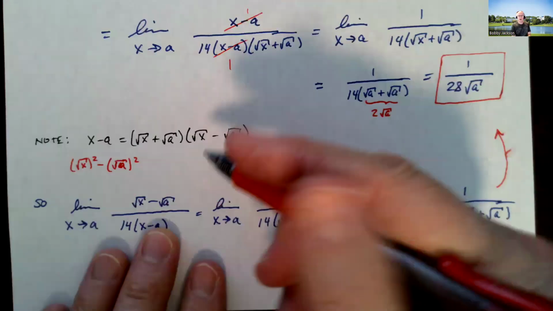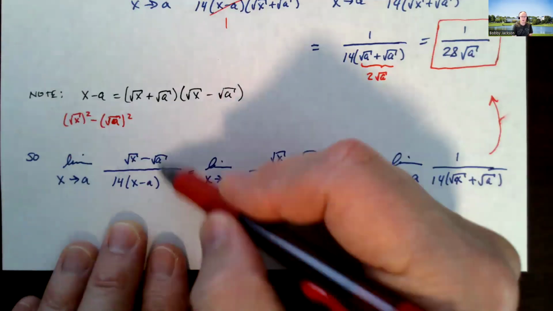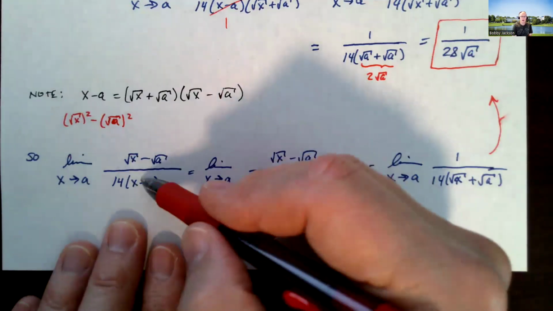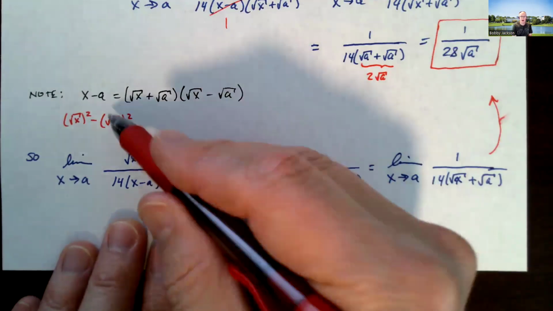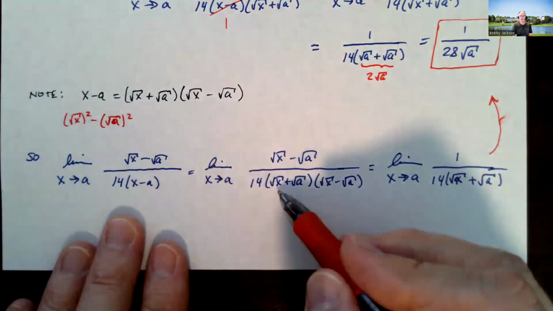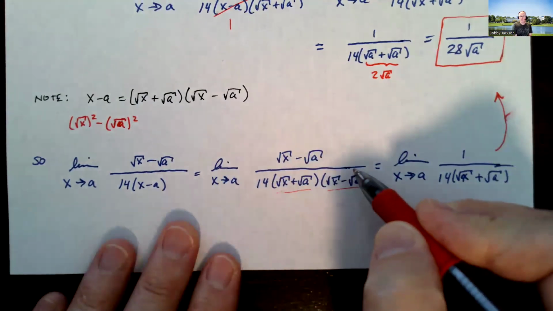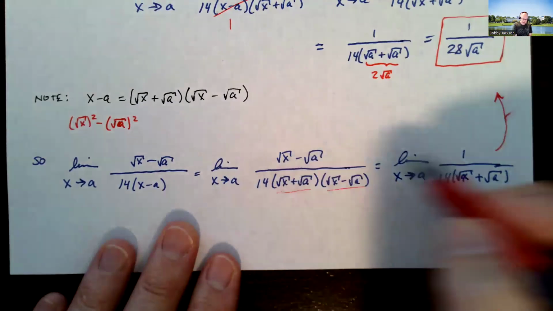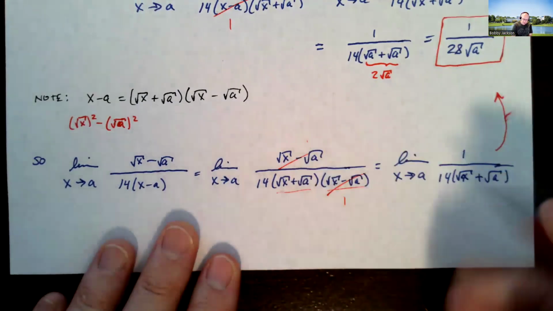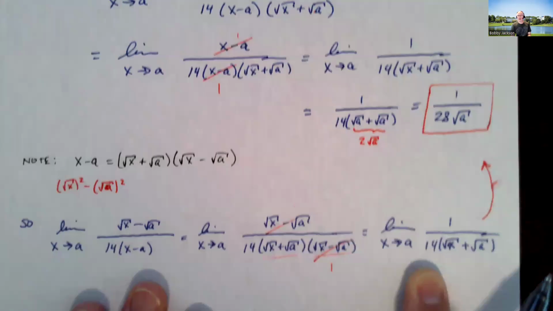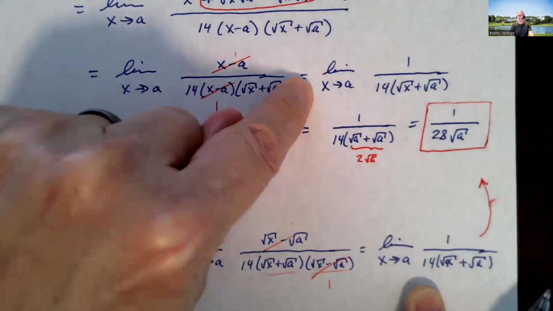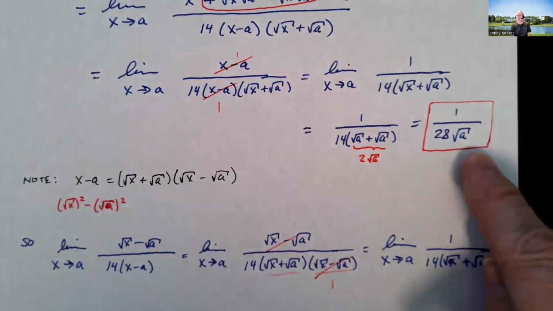So if I start from the very beginning, here's the same problem that we started with. X minus a, I can go ahead and just factor it this way, right? And now, again, notice what happens. This factor and this factor are the same. We can cancel those out, and I'm left with this, which is exactly what we had up here. And I can plug in x equal a and get right to it.